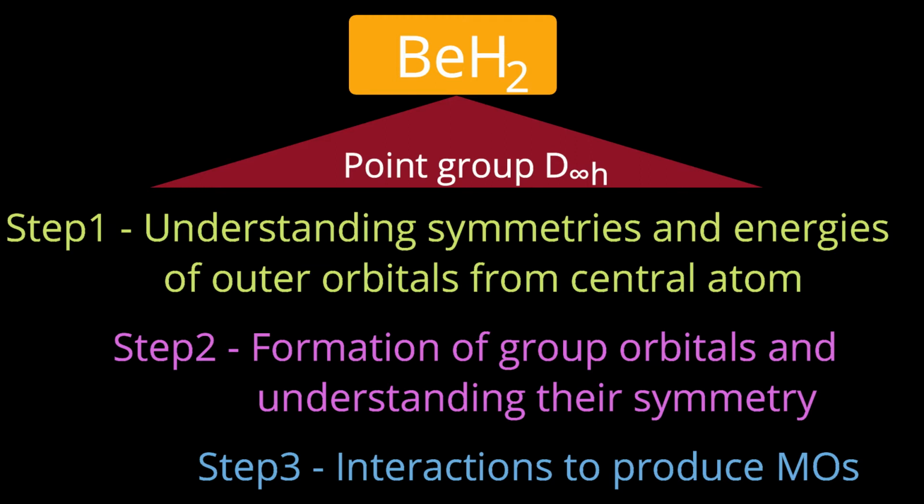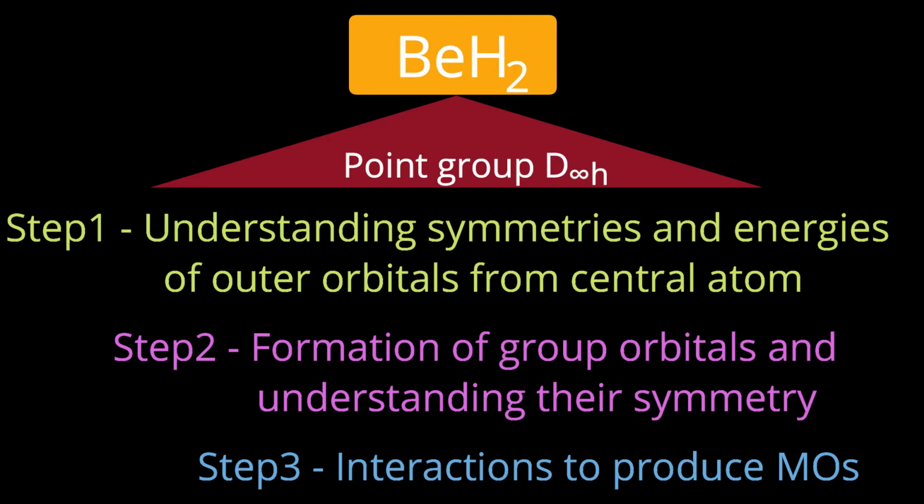Peripheral hydrogens are there. How do they combine? Which group orbitals are obtained, and which are suitable? You need to digest that. The last important point is the interaction between the group orbitals and the suitable atomic orbitals of the central atom, here beryllium, in order to produce molecular orbitals.